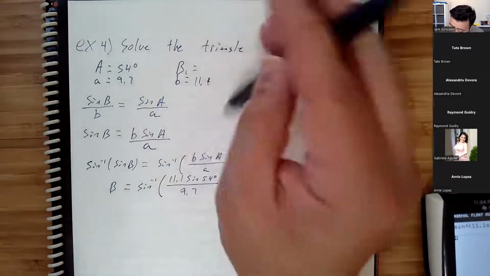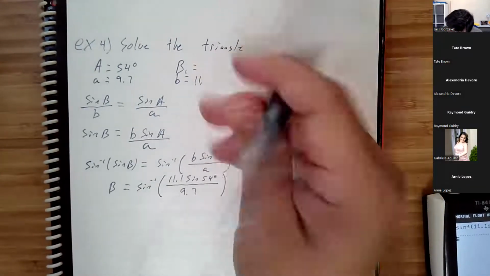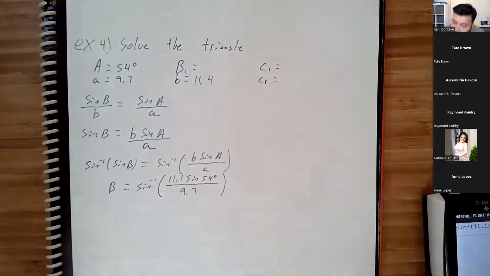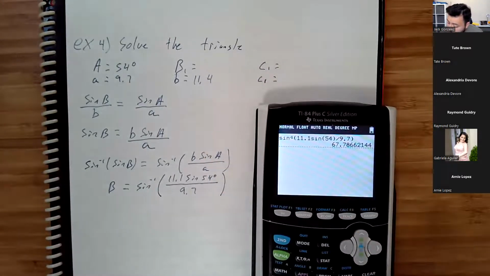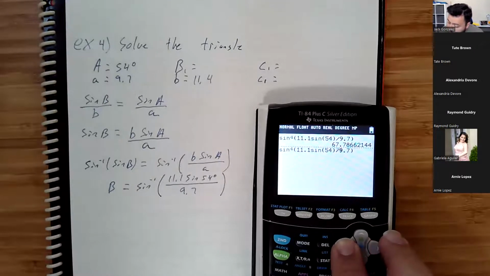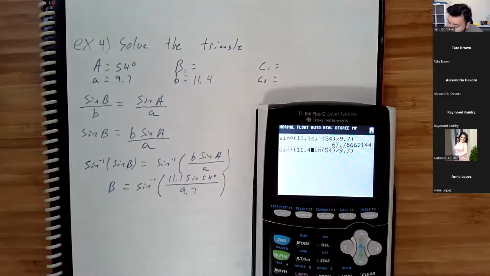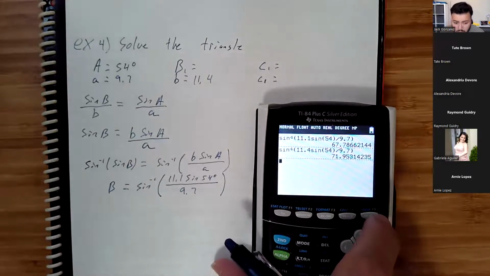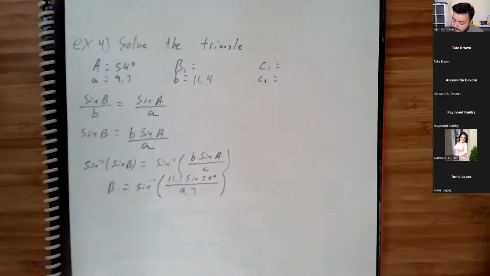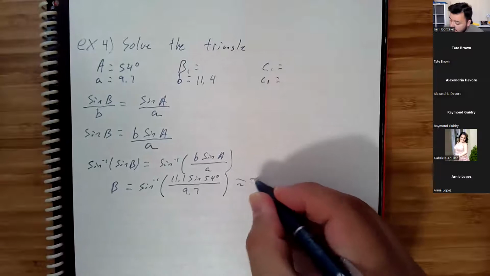Supposed to be a 4. Okay, so let's round to the nearest degree. So that'll be 72 degrees.